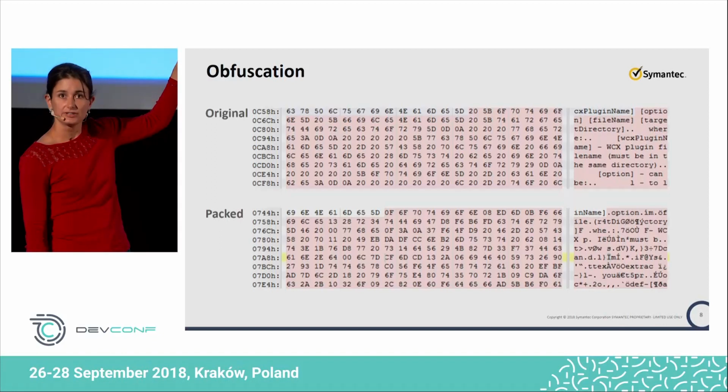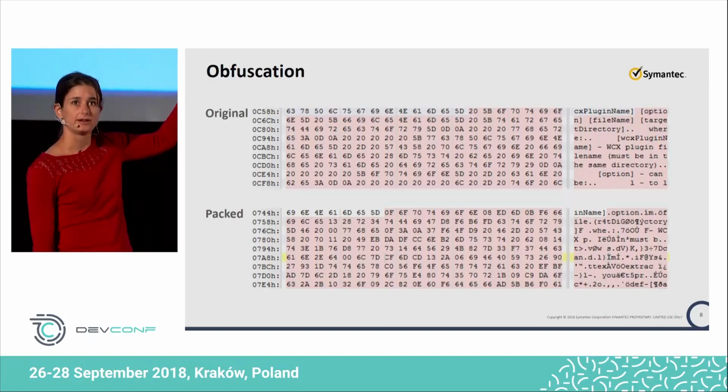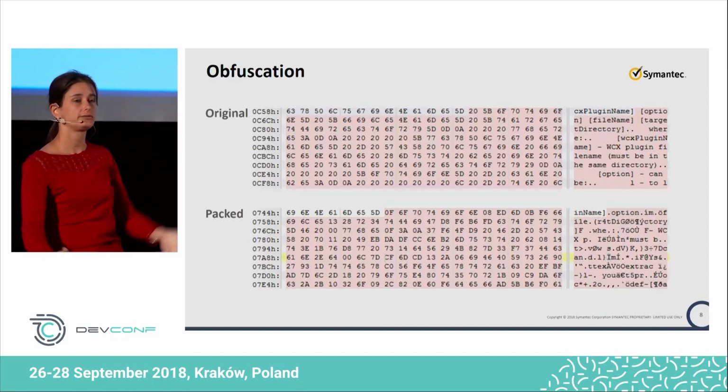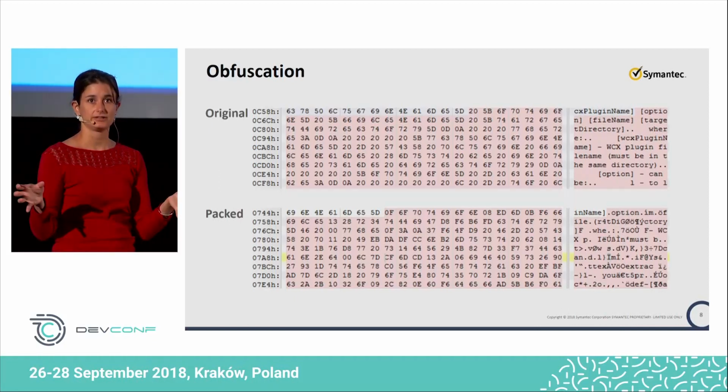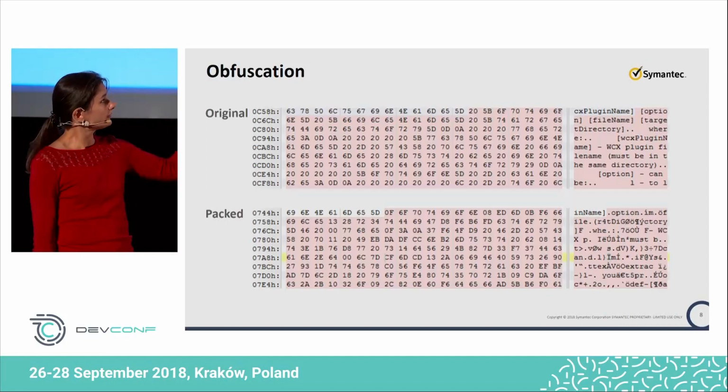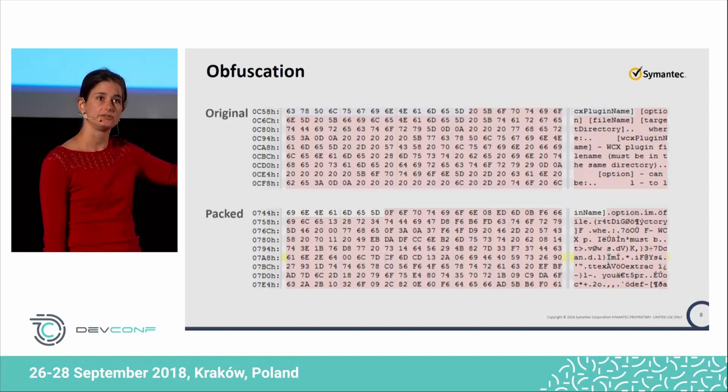You can see on the top some of the strings inside the file. So if the software is calling a web API, you will see it in the string section. If you're looking at the packed file, you cannot see what it's doing.